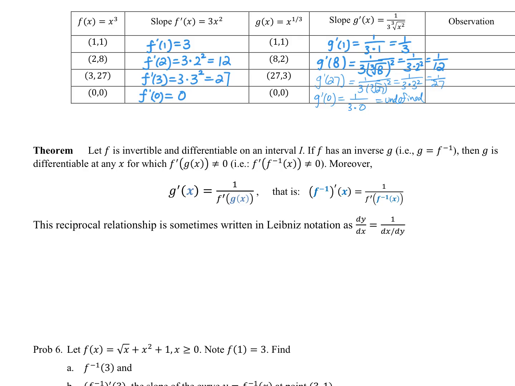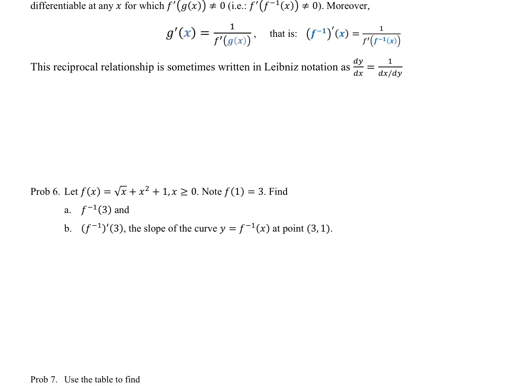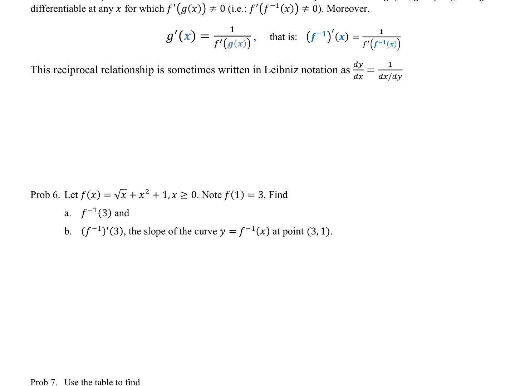All right, let's apply this result, okay? Let's apply this result. Here, f of x is equal to this guy, square root of x plus x squared plus 1, where x is greater than or equal to 0. This actually is monotonic, strictly increasing, because each one of those is a strictly increasing function, and therefore this whole function is strictly increasing.